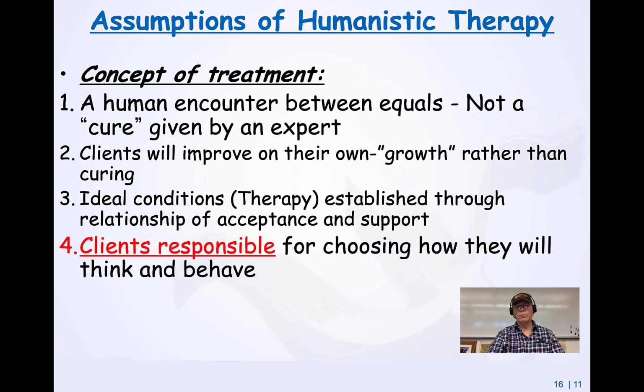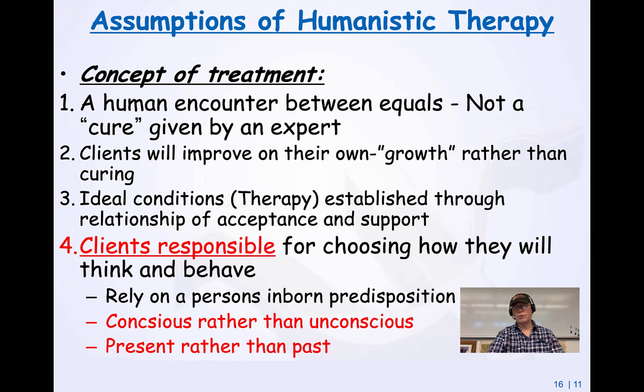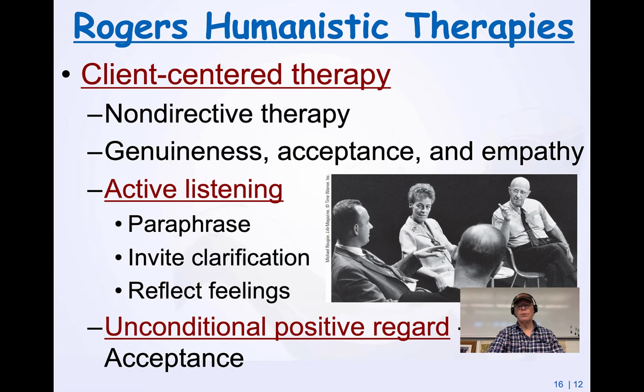The clients are responsible for choosing how they'll think and behave. This all makes sense from what I just said. You rely on your inborn predisposition to growth, and it's conscious rather than unconscious. There's a big difference between that and the psychodynamic, and the present is what we would focus on rather than the past.